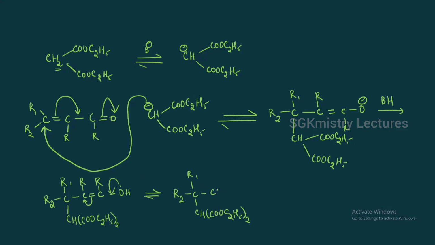So I get CHR single bond, and again CR, now with double bond O. I hope it is clear how the tautomerism, the keto-enol, can occur. This is the enol form and this is the keto form. This is how we get the products based on the Michael addition.